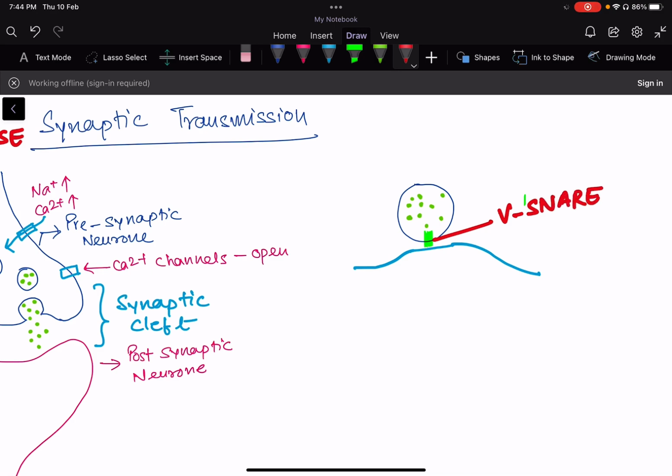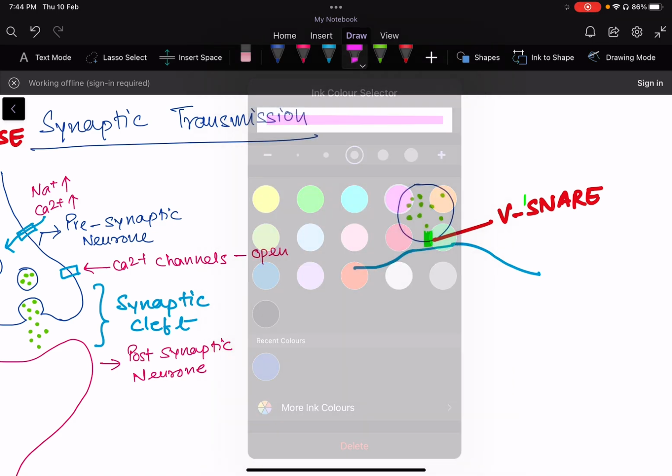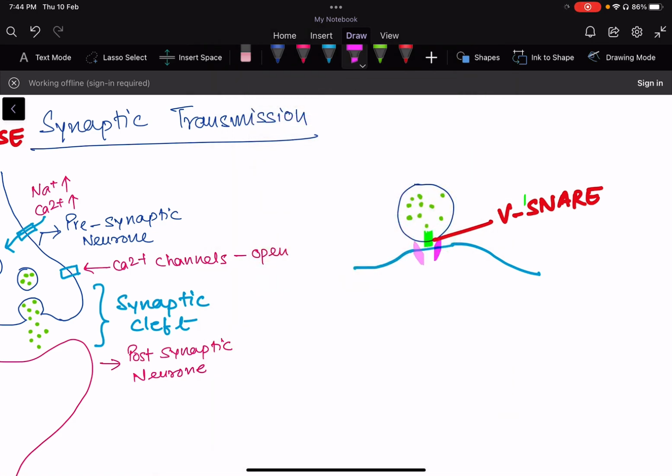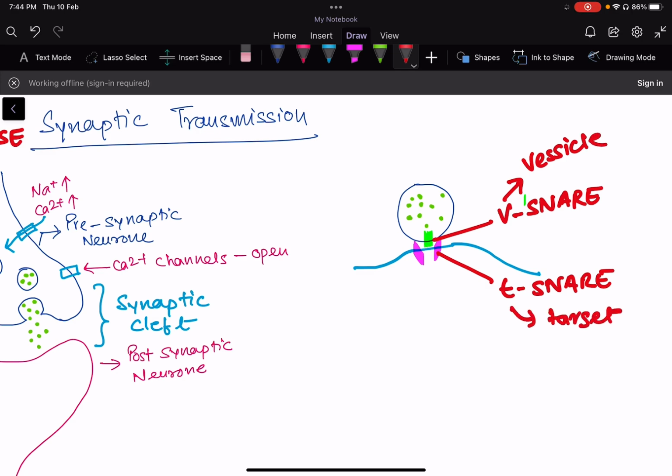And in the presynaptic membrane we have some other proteins, and we call them T snare proteins. V is for vesicle, and T is for target, because the target of this vesicle is the presynaptic membrane.